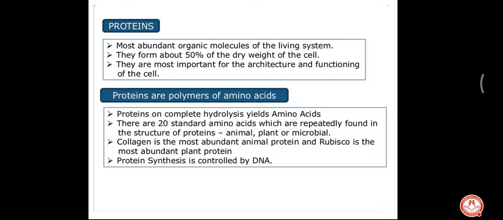In the absence of carbonic anhydrase, carbon dioxide joins with water molecules to form carbonic acid, 200 molecules per hour. If carbonic anhydrase enzyme is present, this reaction proceeds with a speed of 6 lakh molecules of carbonic acid produced every hour. Protein synthesis is again controlled by the DNA.